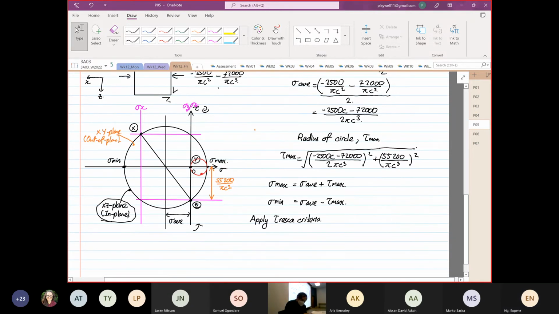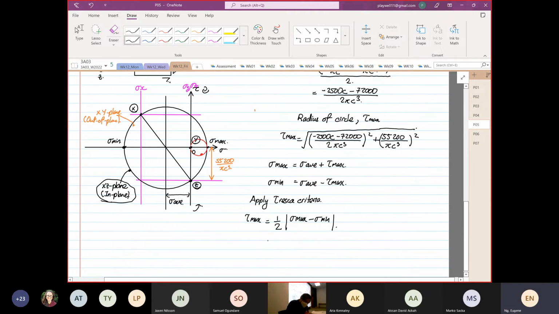Okay. So Tresca criteria, because we have a stress max and stress mean, we know that we have to apply tau max is equal to half the absolute value of stress max minus stress mean. Right? So when we put that in, this will be equal to half of stress average plus tau max minus stress average plus tau max.